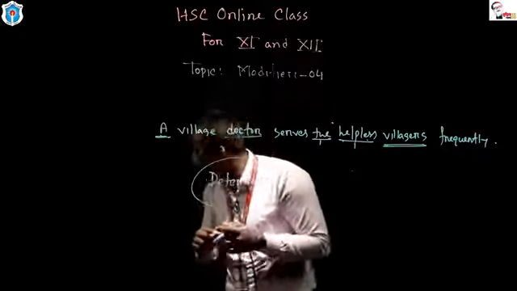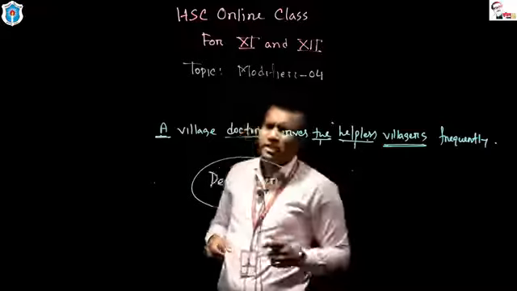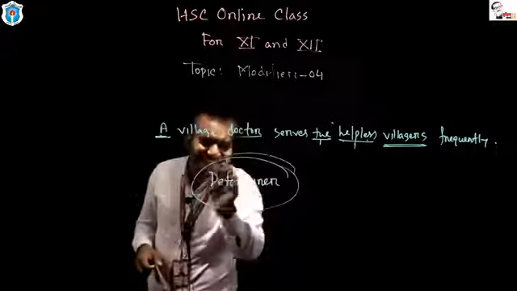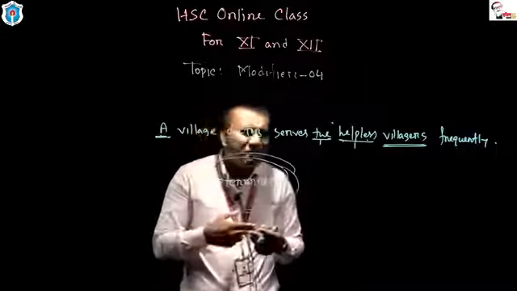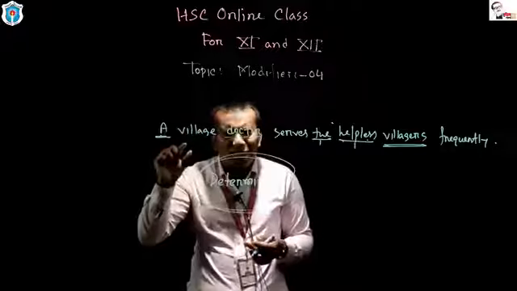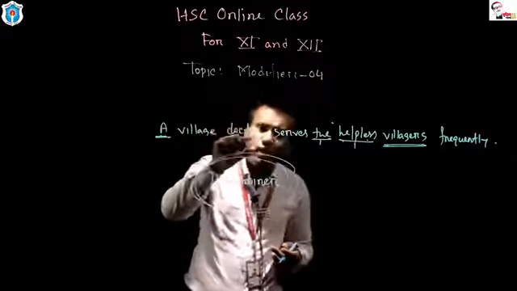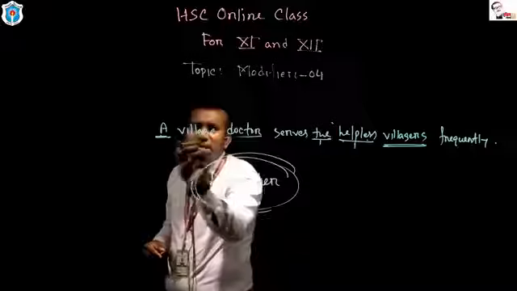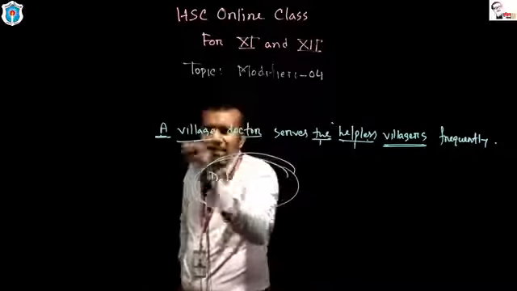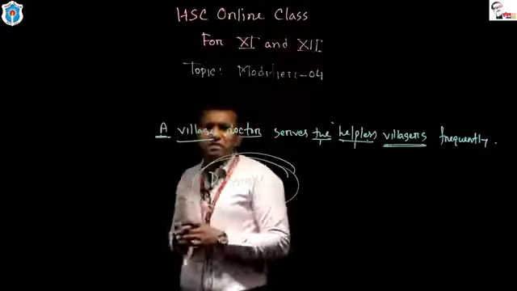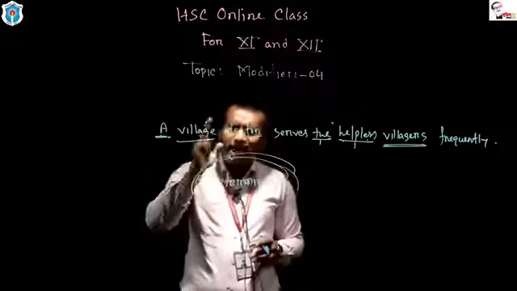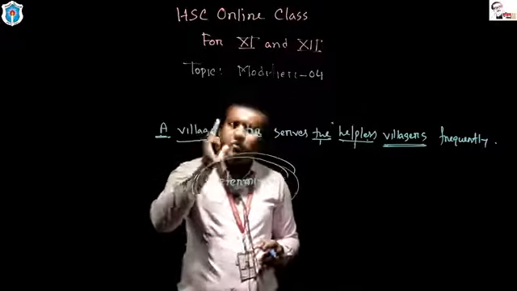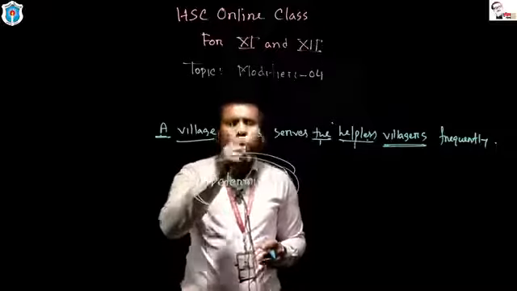Okay, clear to you? Now another question. So determiner is an adjective because it has modified a noun. Now look at the second word. Village. Village is a noun, but this noun has modified or influenced doctor.